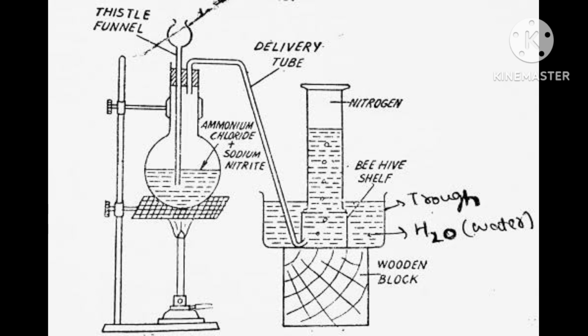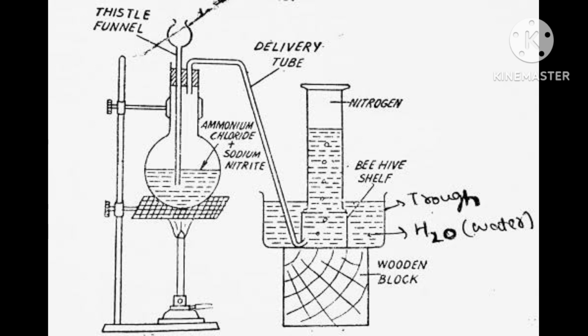If you want very pure nitrogen gas, then how will you prepare it? Now, this is the third method. Very pure nitrogen can be obtained by thermal decomposition of sodium or barium azide. What is the formula for barium azide? Ba(N3)2. On decomposition, that is on heating, it will give two products, barium plus 3N2, not 2N2, 3N2.